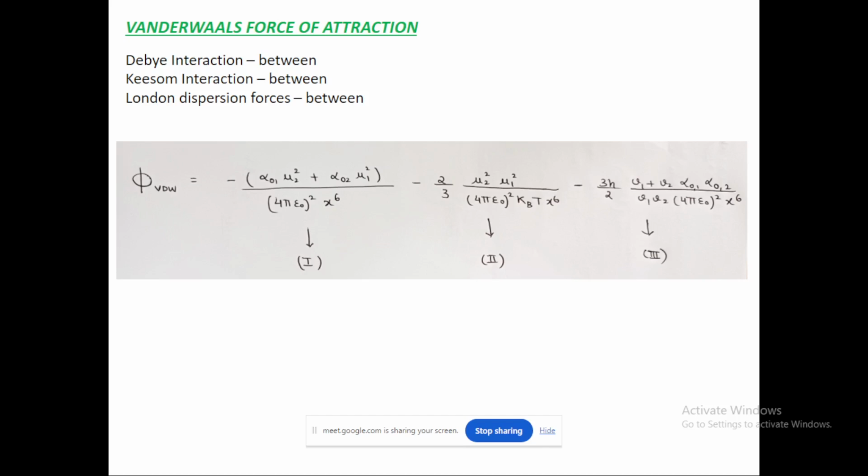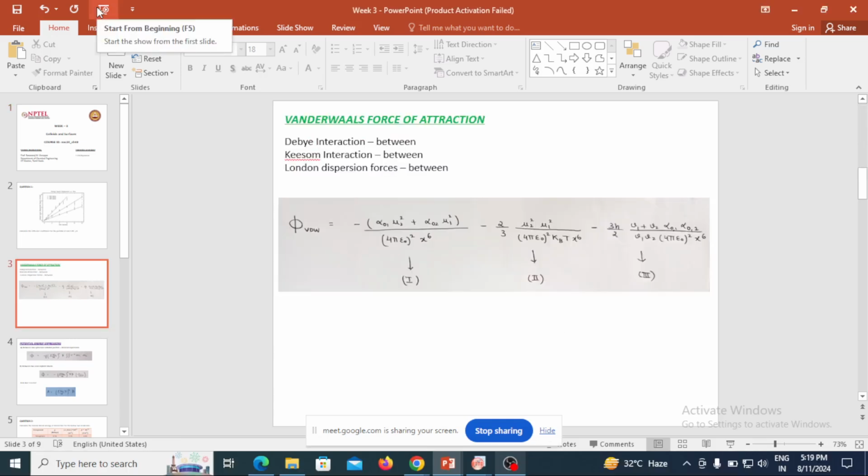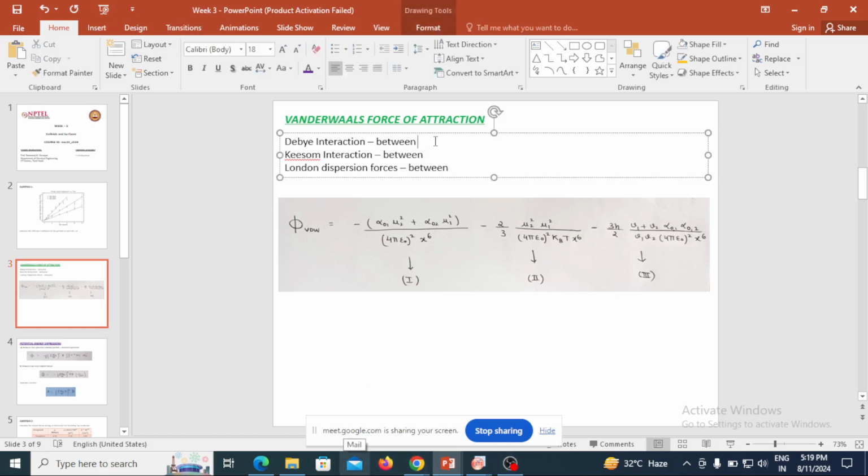Since this was already discussed in the course by the professor, can anyone tell me between what two different types of molecules the Debye interaction exists? This is very simple, it was discussed in the course also. So the Debye interactions exist between these two types of molecules.